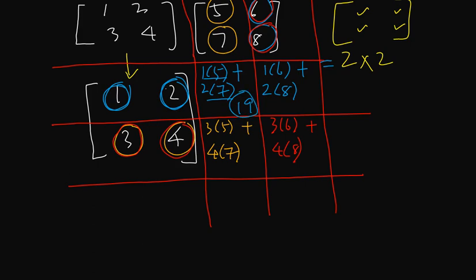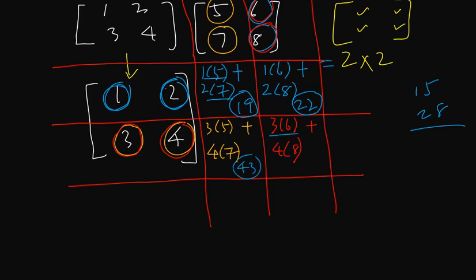And then this one, 6 plus 16 will be 22. 3 times 5, 15. 15 plus 28 will be 43. Is it correct? Yes, 43.